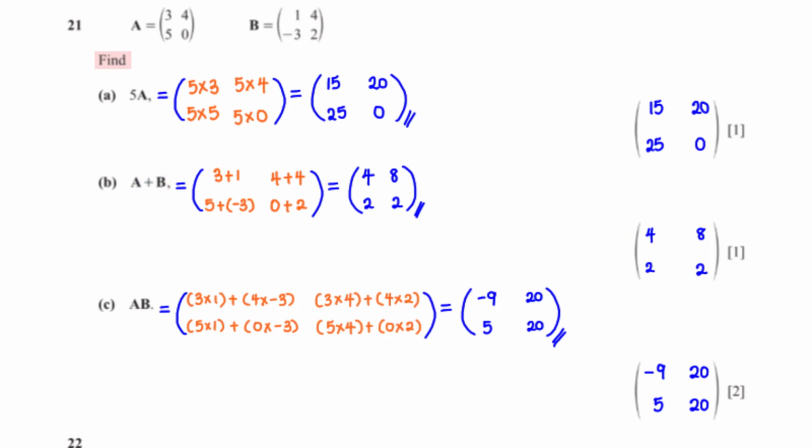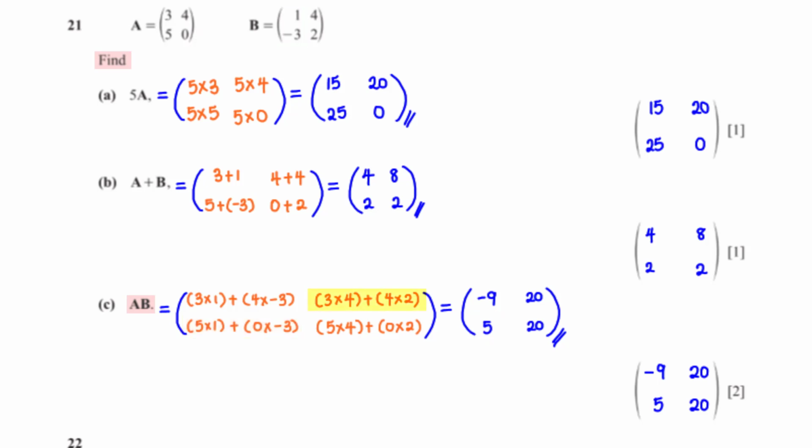Find AB. To get the number in this position, we multiply the elements in row 1 of matrix A with the elements in column 1 of matrix B. This gives us -9. To get the element in this section, we multiply the elements in row 2 of matrix A with the elements in column 1 of matrix B. This gives us 5.